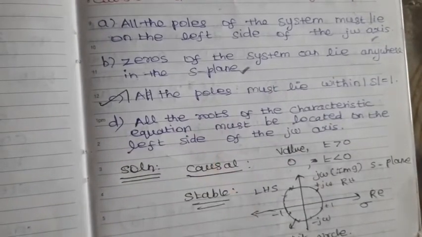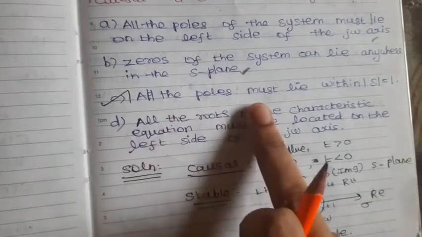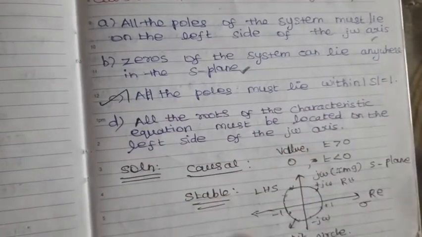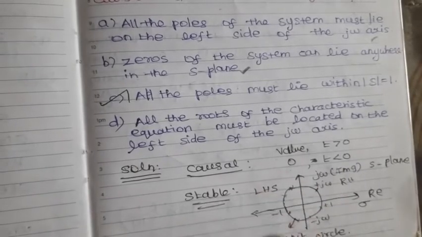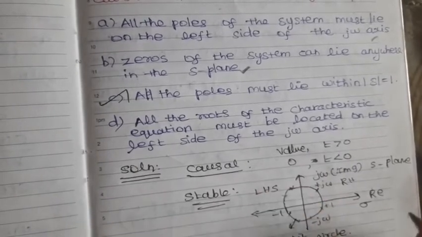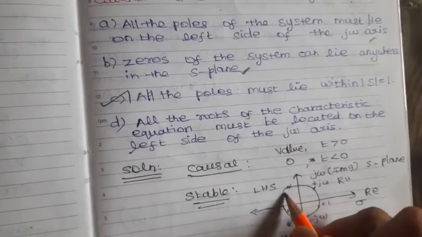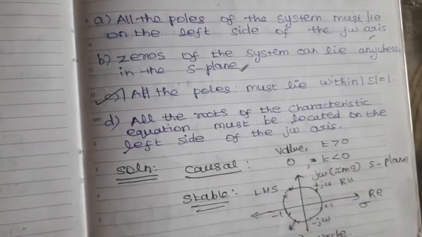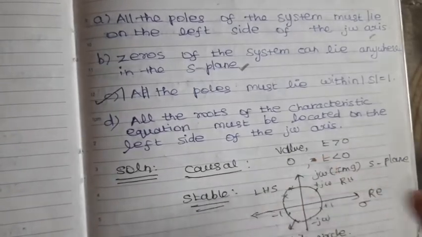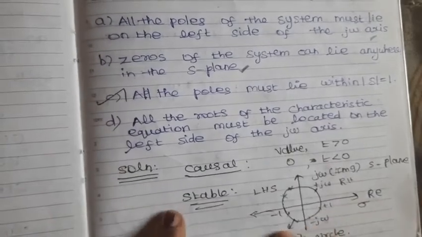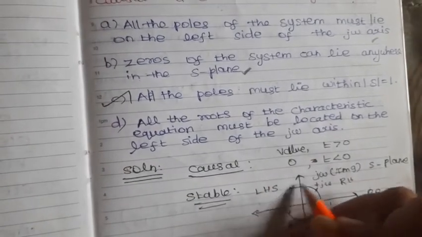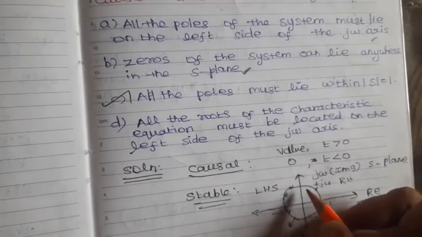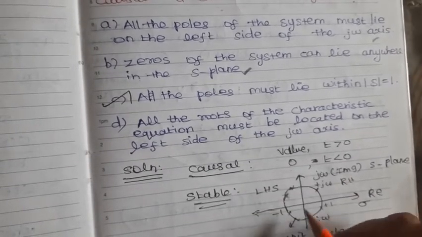Then, all the poles must lie within modulus S equal to 1, which means the unit circle. So from this option, the poles can lie anywhere in the unit circle, which means it varies from minus 1 to plus 1 and plus j omega to minus j omega.